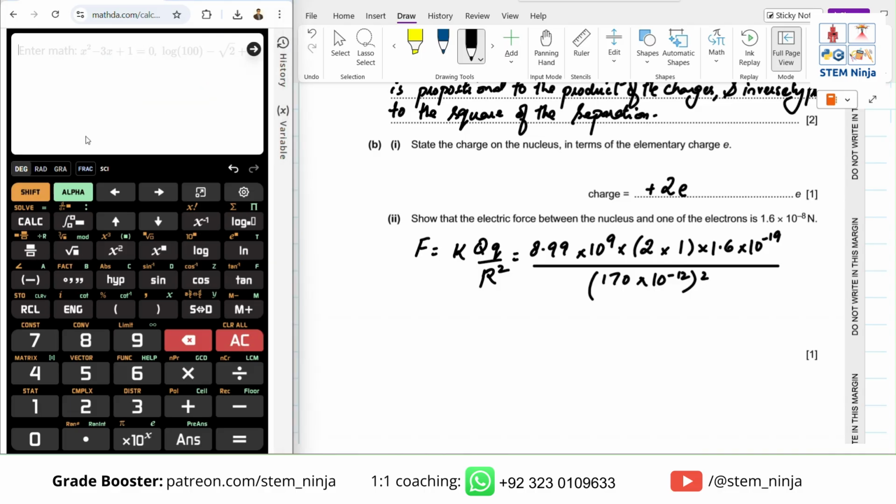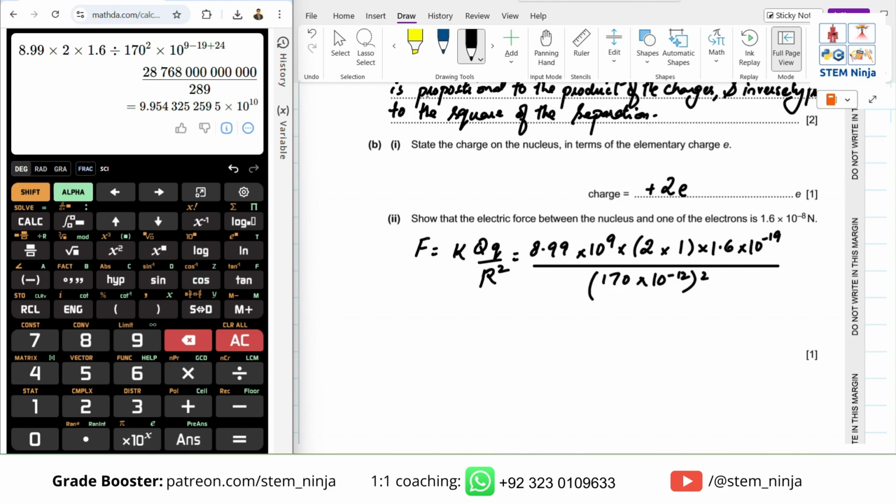So 8.99 times 2 times 1.6 divided by 170 squared, times 10 raised to power 9 minus 19 plus 24. We get this value.